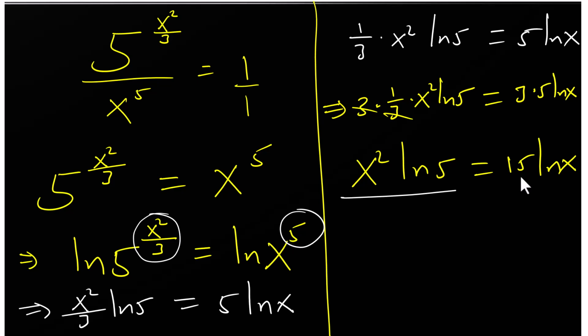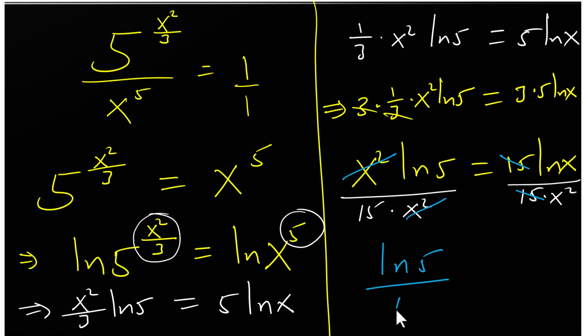And since I want this 15 to come here, I'll divide both sides by 15. So this will cancel. This will also cancel. So I have ln of 5 on 15 equals to ln of x on x squared.